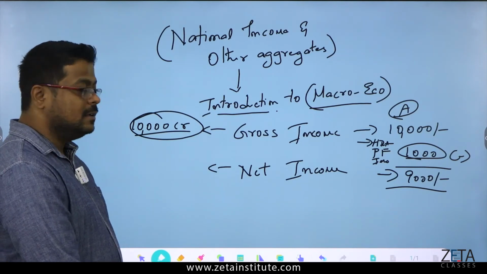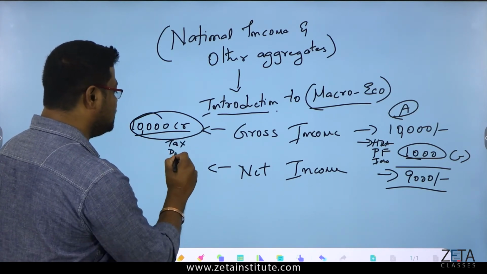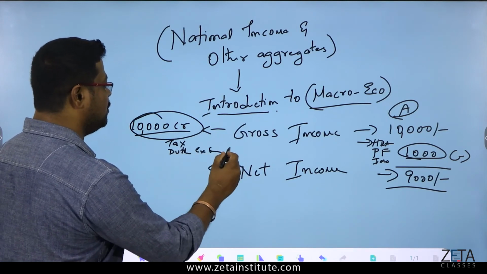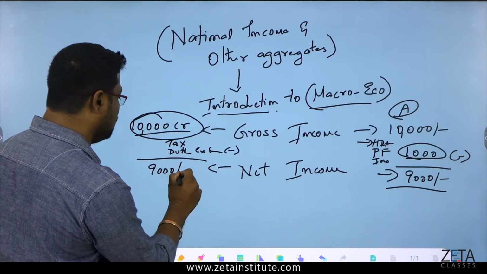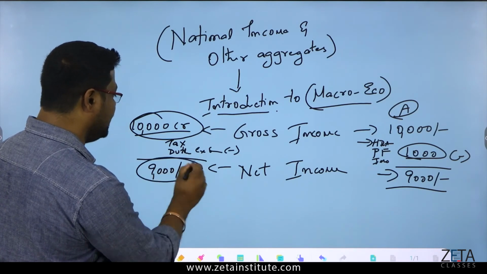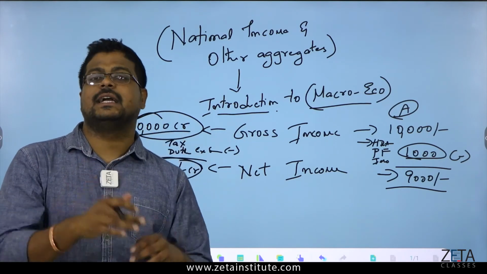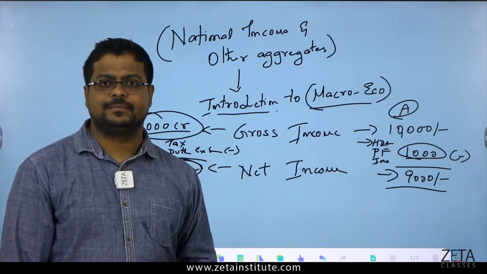Not everything. Because on this tax will be there, duties will be there, excise will come. All these things you have to pay, which we have to deduct. So maybe around 9,000 crores is what you have in hand or at bank as the country. So that is called gross income and net income.